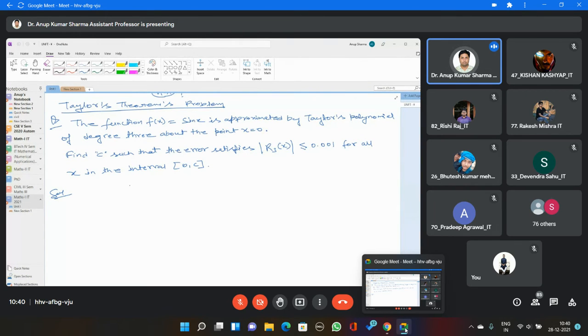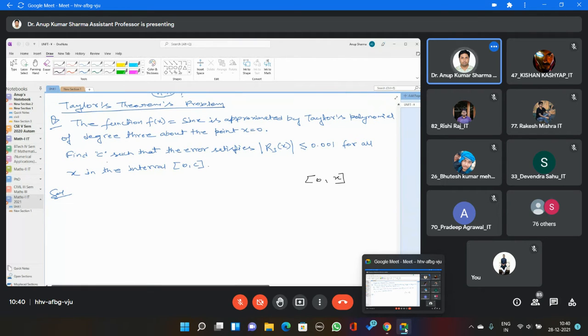About the point x is equal to 0. When we talk about the point, we consider the interval, because it is not given, like in the first 0 and x. So we have to write about the point x is equal to 0, and we consider interval 0 and x. Find c. C is the value such that the error will satisfy for all x in the interval.